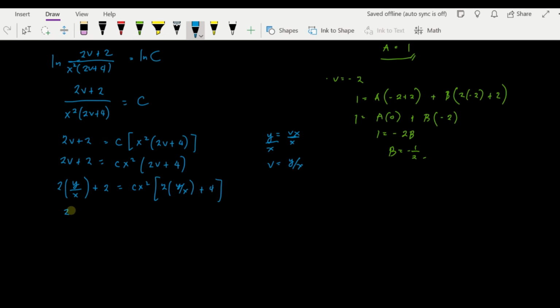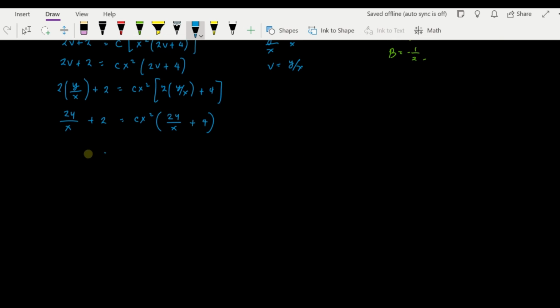Then we have 2y over x plus 2 equals cx squared times 2y over x plus 4. Then simplify lang. We have x here. So we have 2y plus 2x, equals cx squared times x again. So we have 2y plus 4x. Okay.